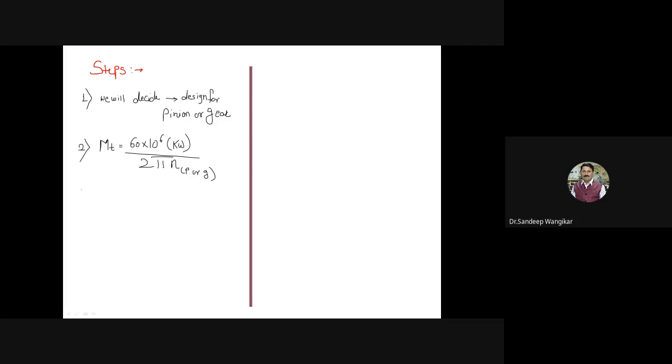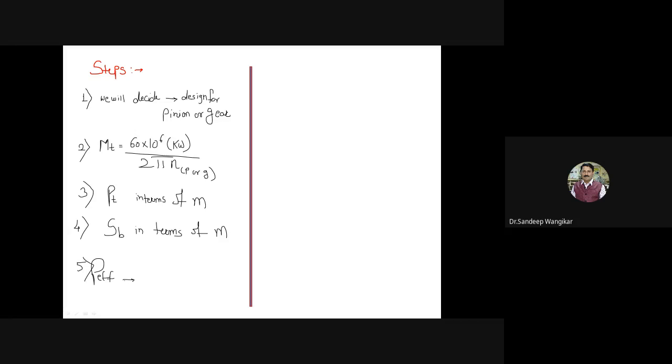Then next, I will calculate static load, PT, and that PT will be in terms of module. Then number 4, I will go for beam strength calculation, SB, and I will calculate SB in terms of module.